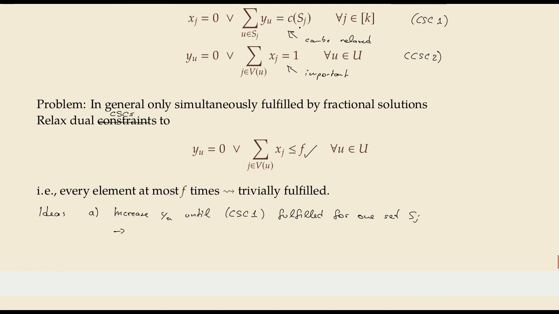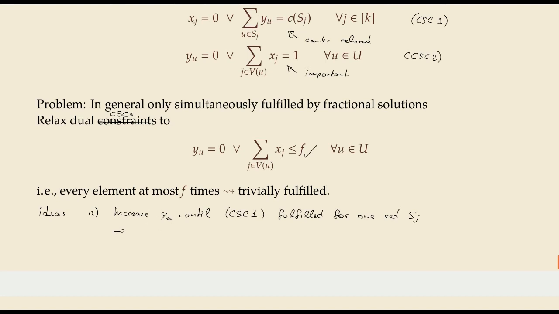And if this is then fulfilled with equality, we no longer need this. So, okay, we require this condition always to hold. So for all sets where this is not yet satisfied, we must have x_j equals 0 at this time. Sorry for the confusion.